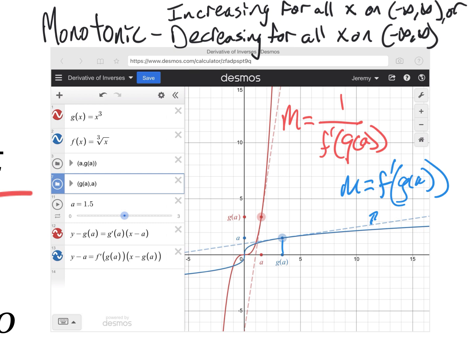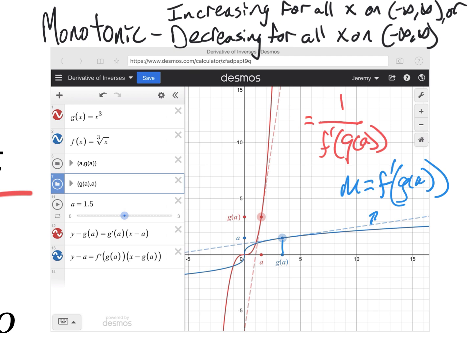Say that again. The y value of the g point, g of a, is the x value, or the input, for f. That's why we're putting g into f there. So there we go. Once again, the slope of this is f prime, and so this is the inverse of that. Let me rewrite this.